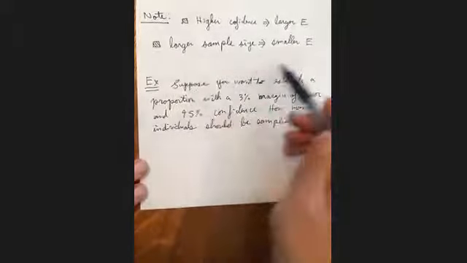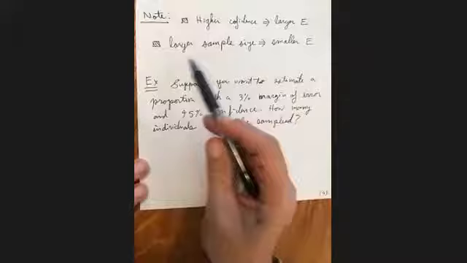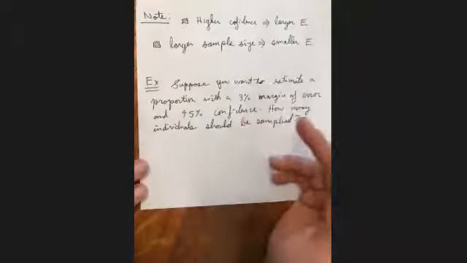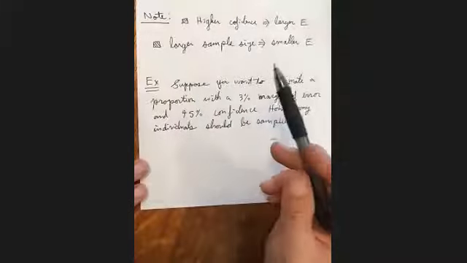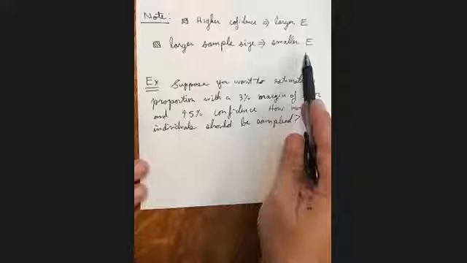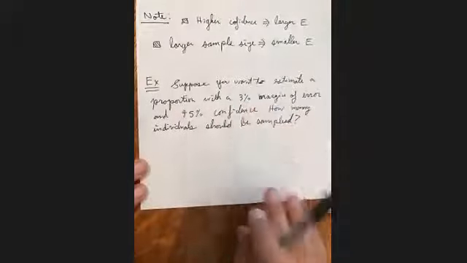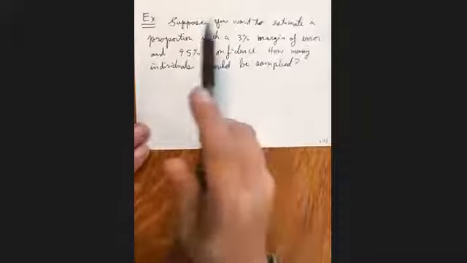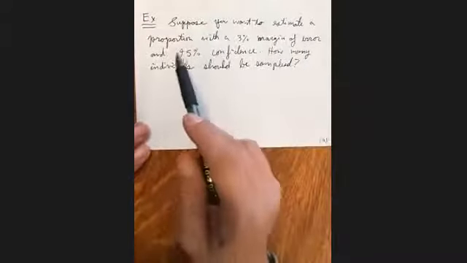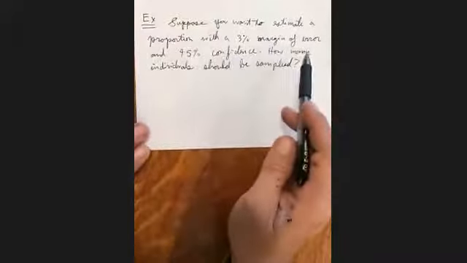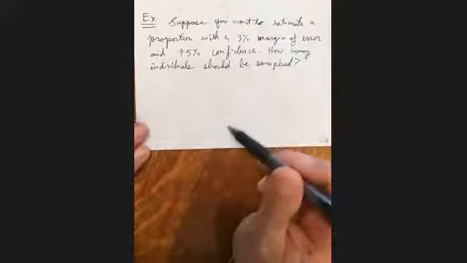So since the margin of error depends upon the sample size, we can ask a corresponding question, which is, for a certain margin of error, what is the minimum sample size we need? So let's look at this example. Suppose you want to estimate a proportion with a 3% margin of error and 95% confidence.